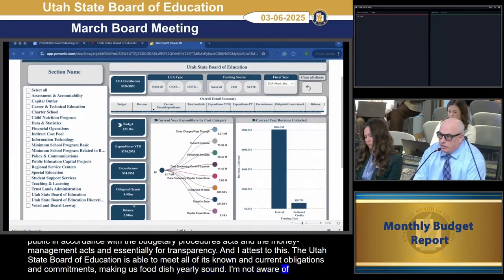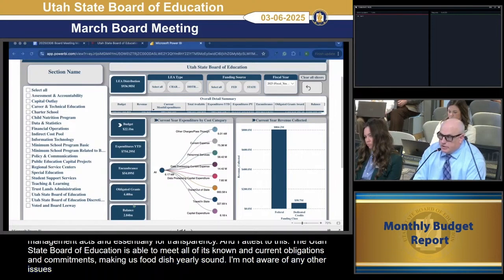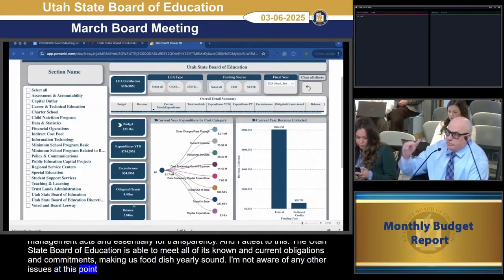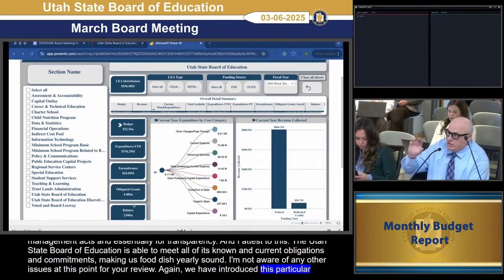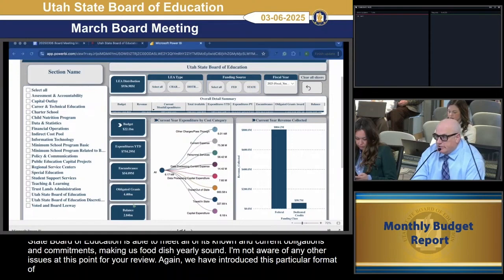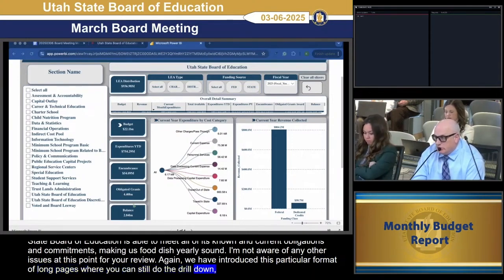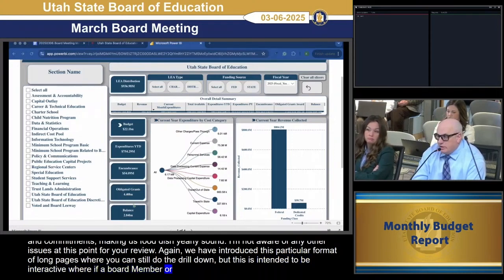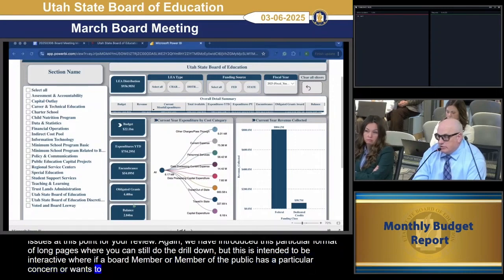For your review, we've introduced this particular format, changing from the previous format of long pages where you could still do the drill down, but this is intended to be interactive, where if a board member or a member of the public has a particular concern or wants to see what expenditures have been made in a particular program, for example, they can do so using this interactive tool.